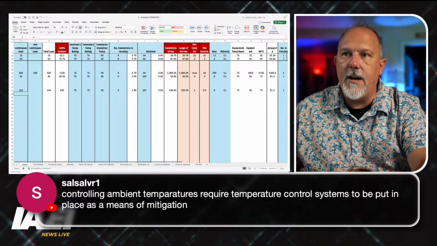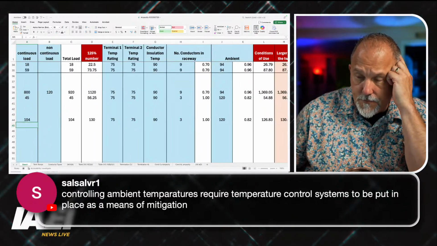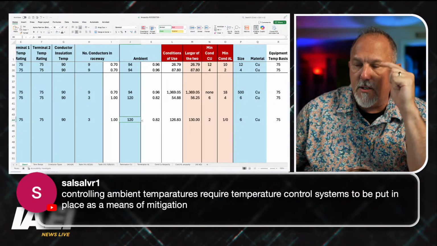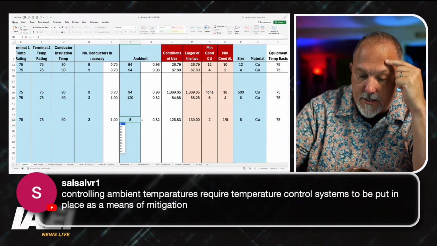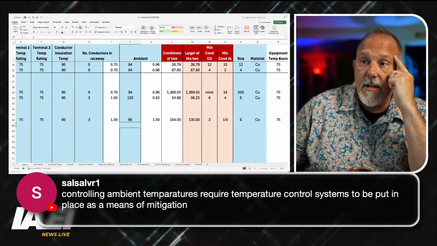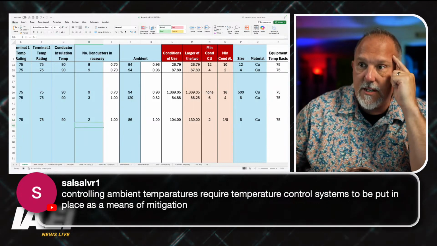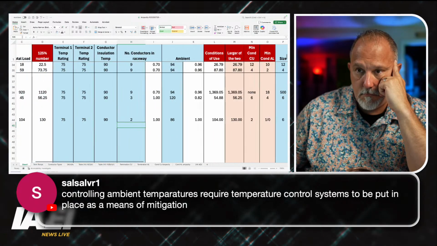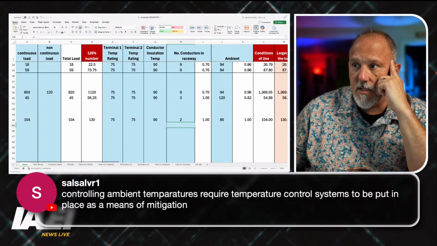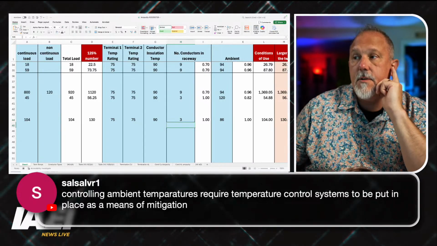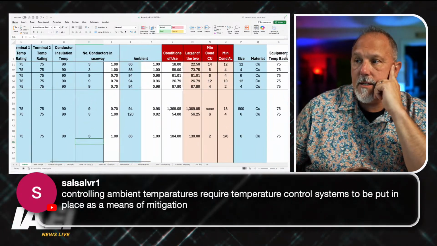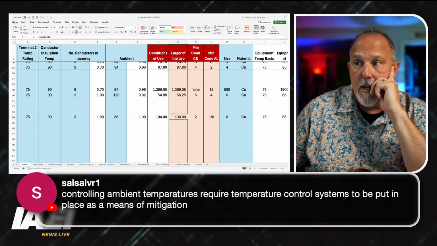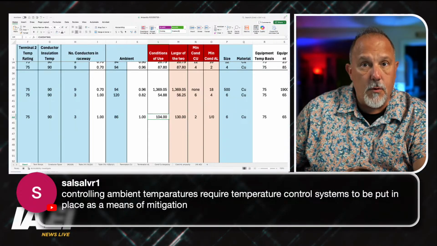So if I have 104 amps of continuous current, my conditions of use: my ambient is going to be 86 degrees, my number of current-carrying conductors in a raceway will say 3, a 3-phase. My conditions of use tells me that the larger of the two is 130. So the conditions of use is 104 amps.